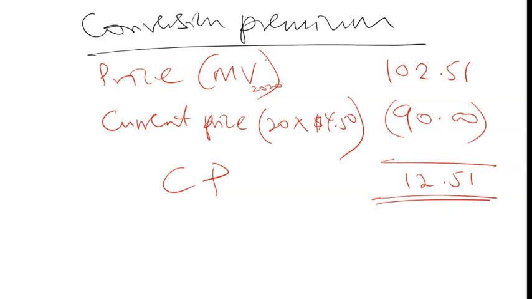If we are to convert, then we are going to be better off by $12.51 for every $100 bond. Because it should be like for like, the market value is actually the market value today, that is 2017, not 2020, versus the current market price of a share.